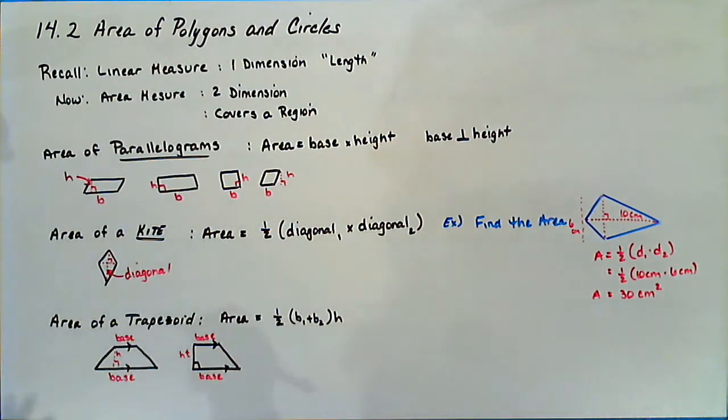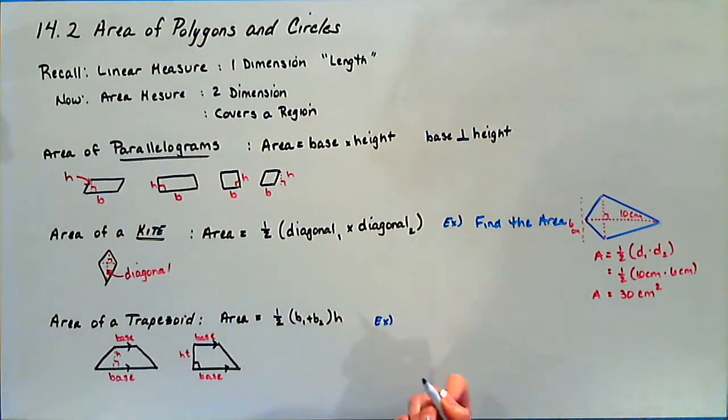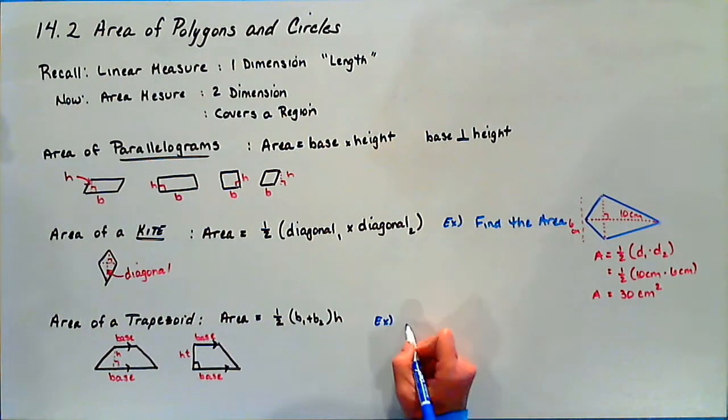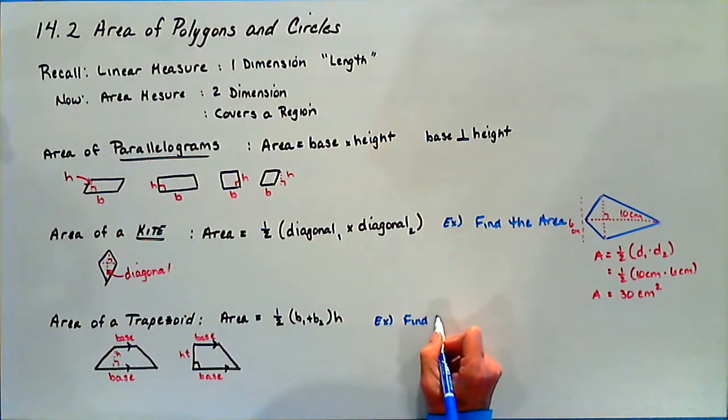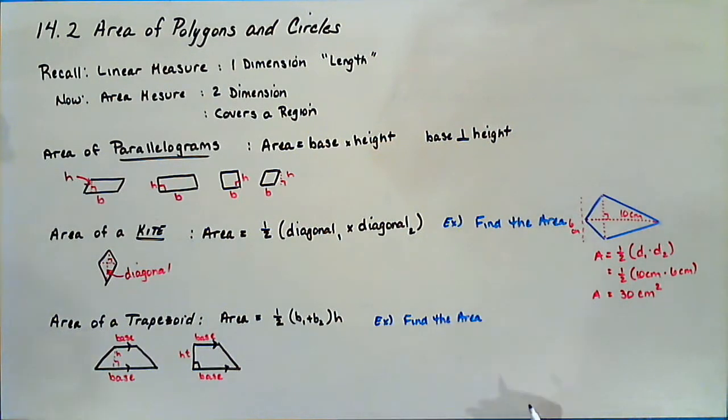Let's take a look at, we'll draw one like one I didn't give you before. How about, find the area. Let's have it go this way. This will be fun. Okay.